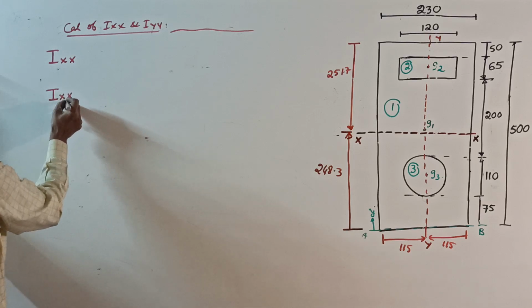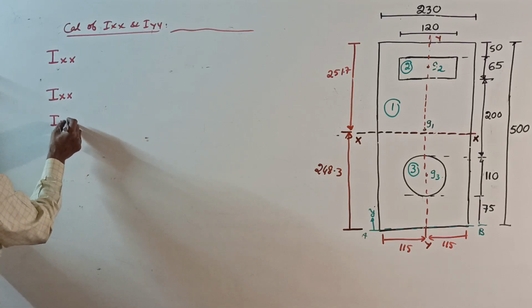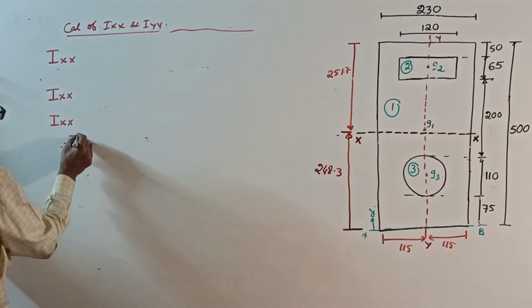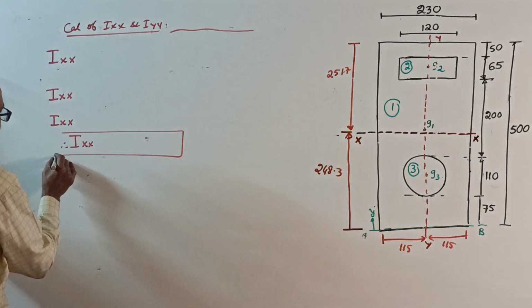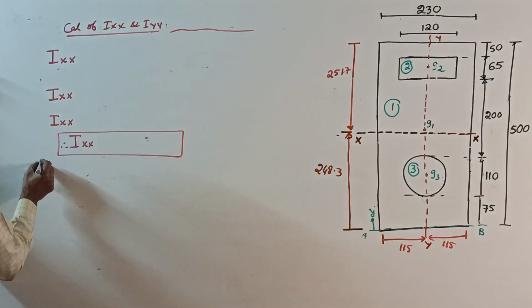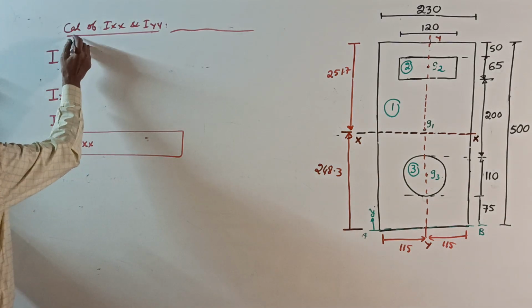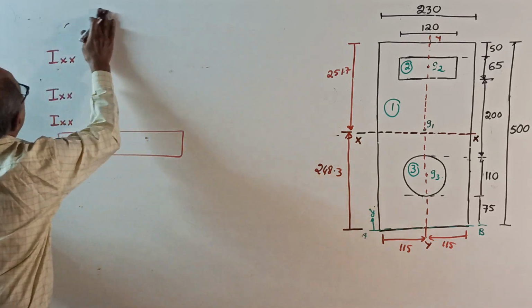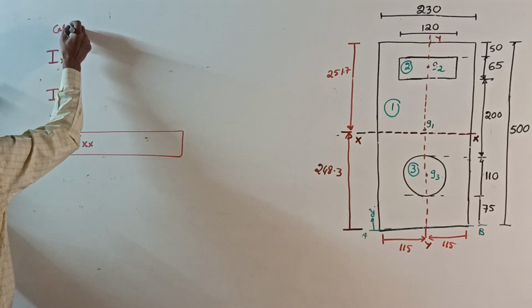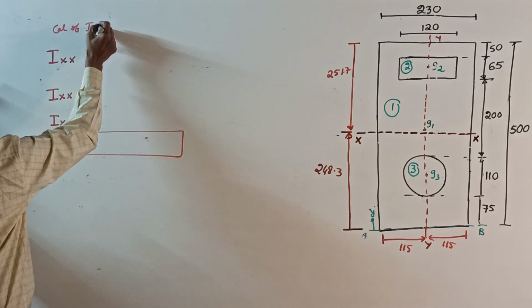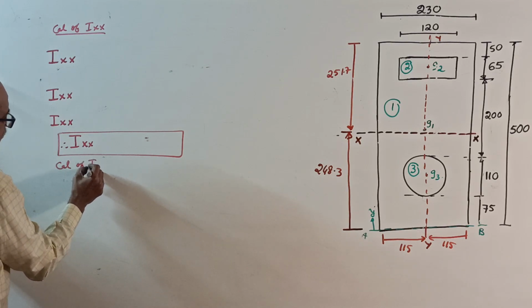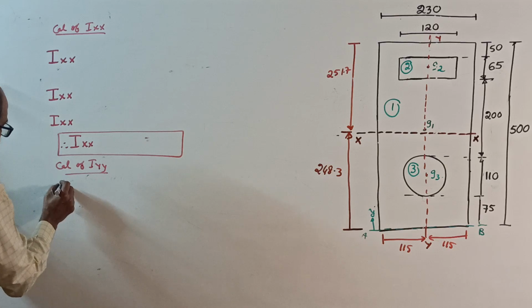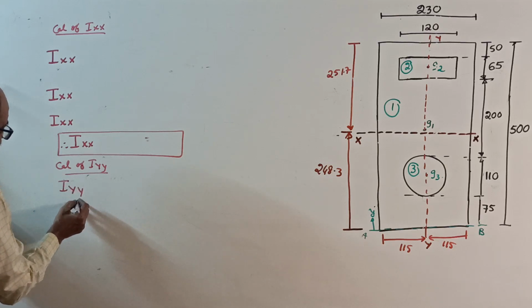Therefore, finally, Ixx you should write here, answer. Then calculate. After writing all the statements, first calculation of Ixx, then a little later, calculation of Iyy. Again you require Iyy three times.